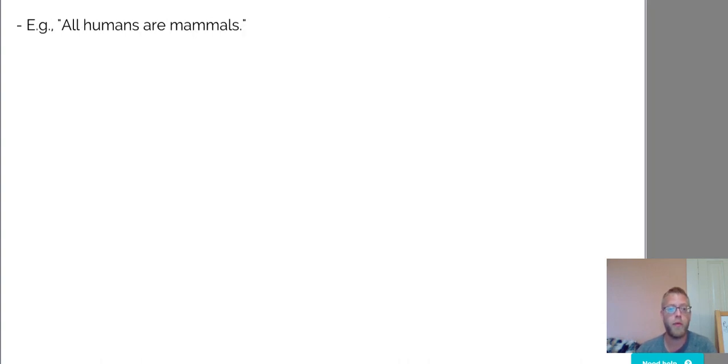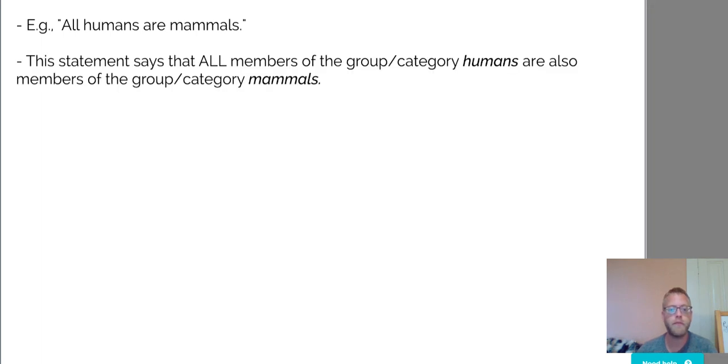So, for example, take the statement, all humans are mammals. It's basically saying that all members of the group, humans, they're also members of the group or category of mammals. Right? And that's true, right? So if you imagine a huge circle around all the mammals, imagine all the mammals together in one big group. That would be very bad right now.